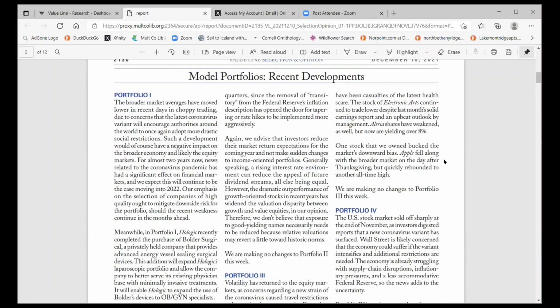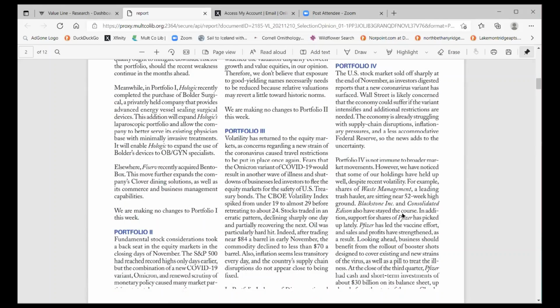Okay. Then we're into the model portfolios. I happen to know that none, again, I cheated and looked, none of these have changed. And again, I'm only looking for the changes. And so normally it's at the end of each of the paragraphs that they will tell you whether or not there's a change. And you can also tell sometimes because the first sentence will say, we're removing X, I'm going to replace it with Y. So here's just the write-up on those.